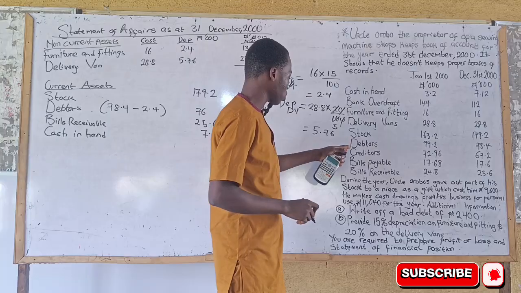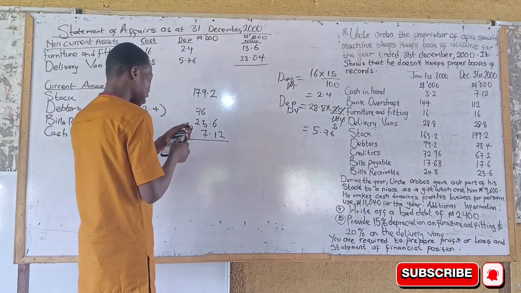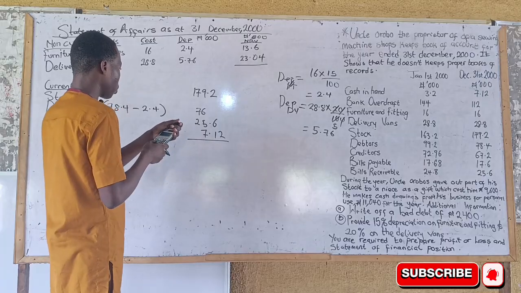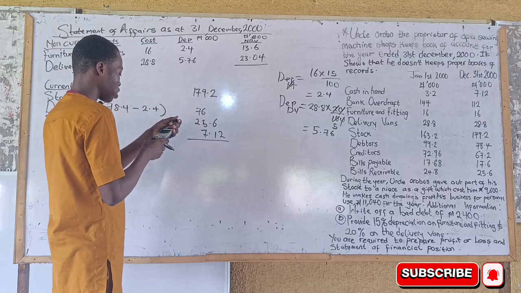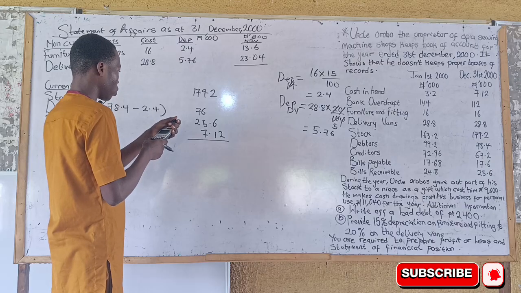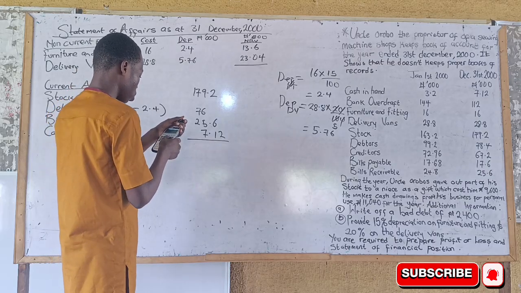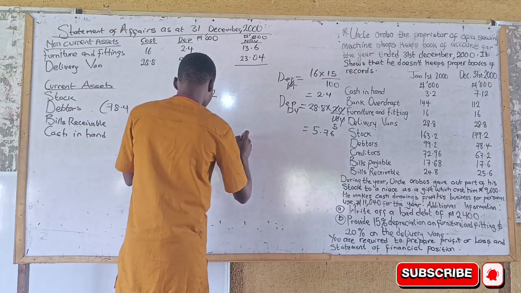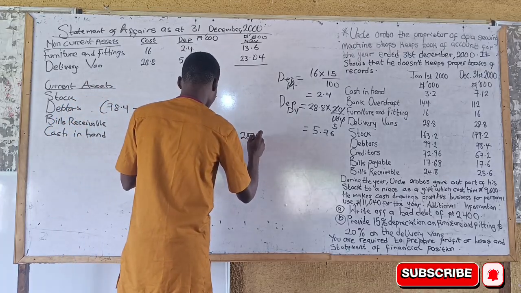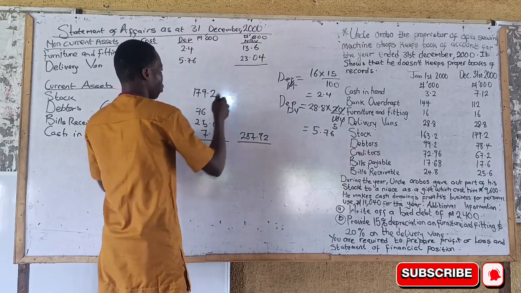So that is all about current assets. Now let's add it up: 76 plus 25.6 plus 7.12, then plus 179.2. So this gives 287.92.